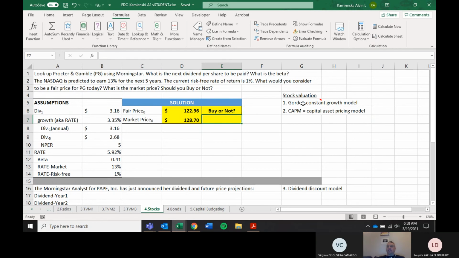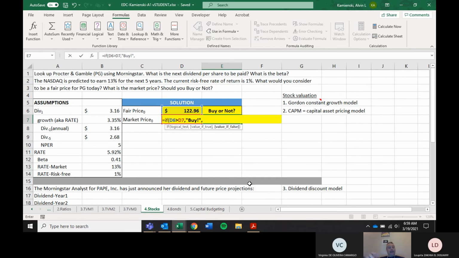So we can add a little simple Excel logic that could say this, equals IF, open a parenthesis, if the fair price, the price we're willing to pay, is greater than what's in the market. So if we think something's worth $1 million and someone's only asking $128, then we could say buy it.